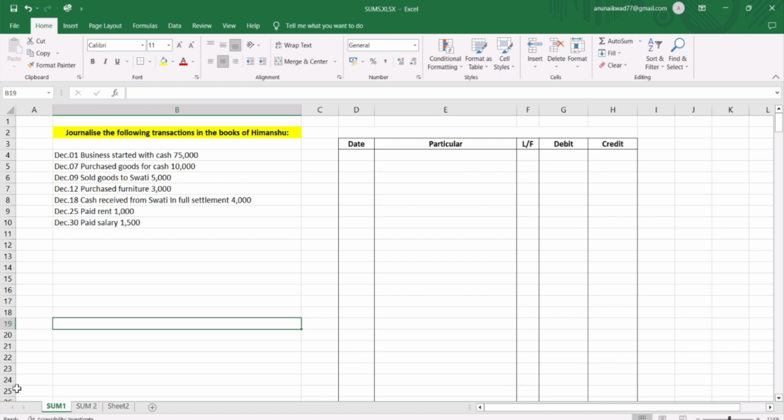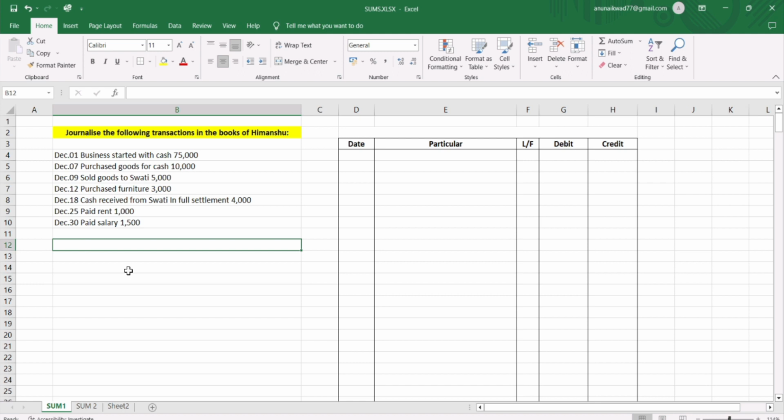So let's get started. First question: journalize the following transactions in the books of Himanshu. We will read out the question first. On December 1, business started with cash 75,000. December 7, purchased goods for cash rupees 10,000.